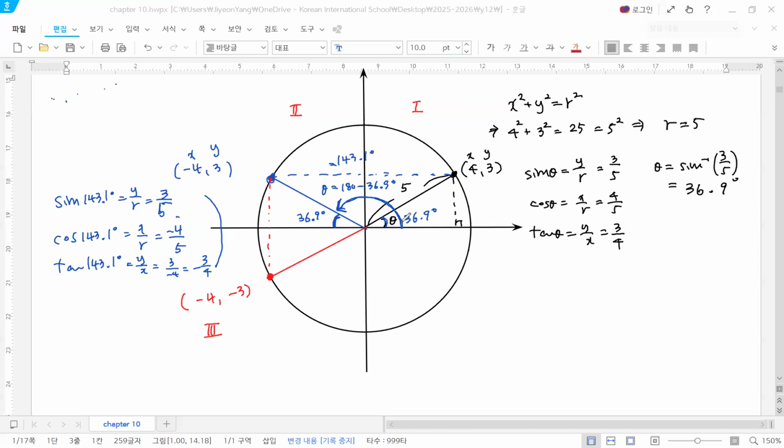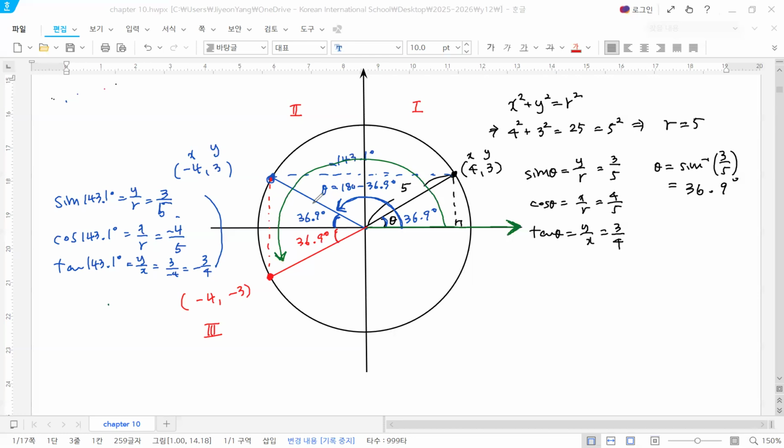Please remember that basically this angle should be the same as 36.9 degrees. However, when we measure the angle, the right side of the x-axis is the baseline. You need to measure the angle from here in the anti-clockwise direction, this one.